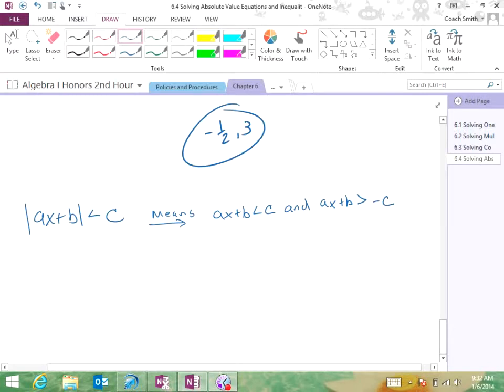So the difference between the equations and the inequalities is this part right there. We've done exactly the same thing. The difference is when I change the c to negative c, I must reverse the inequality sign.